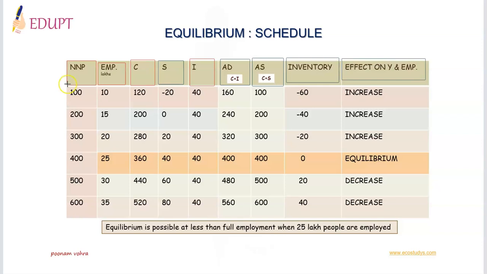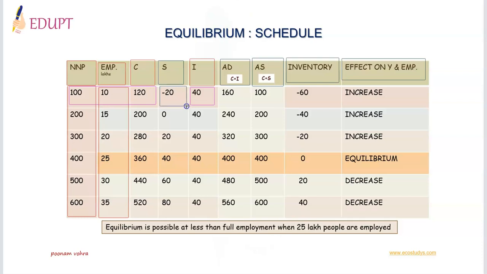The level of income varies from 100 to 600. Employment level also varies from 10 lakh of people to 35 lakhs of people. When income or output is 100, 10 lakhs of people are employed, consumption is 120. Investment is known as 40. So savings would be Y minus C, that is 100 minus 120, which will be minus 20.